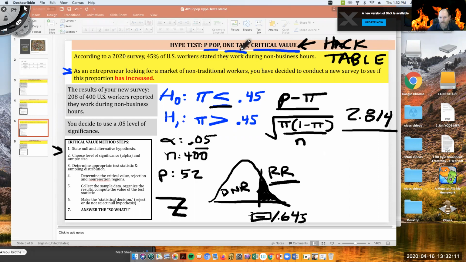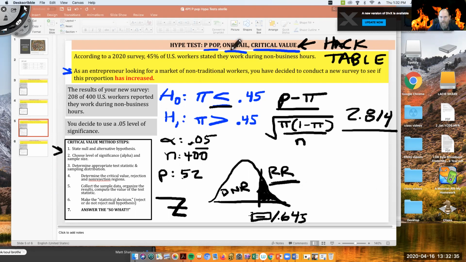Now that we've done this with a one-tail and rejected it, we should also reject it when we do it with a p-value. Okay, so we're going to go and do a p-value and see if that happens. But we should know that going in. Okay, before I go on, any questions on this method I've just covered? One tail, critical value.